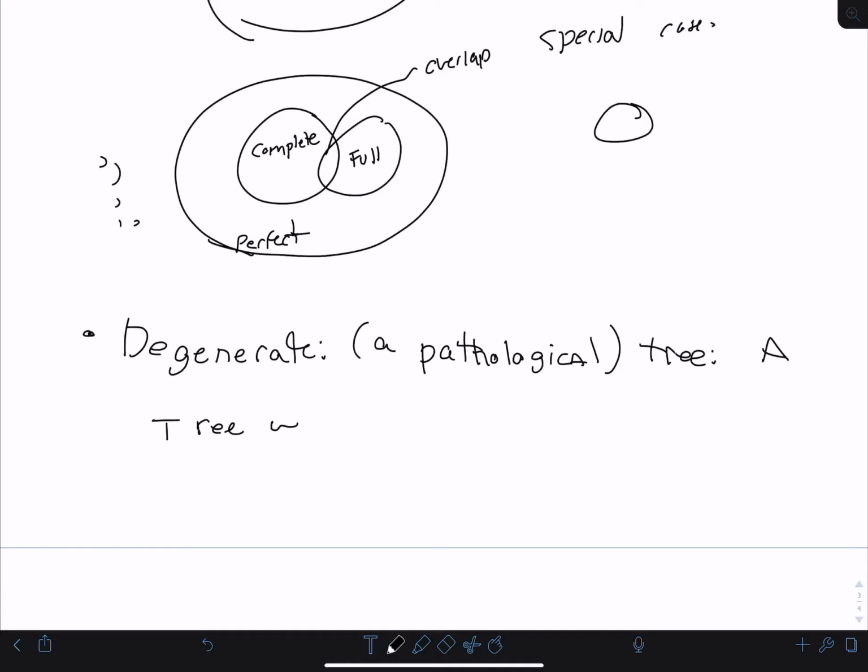A tree where every internal node has 1 child.